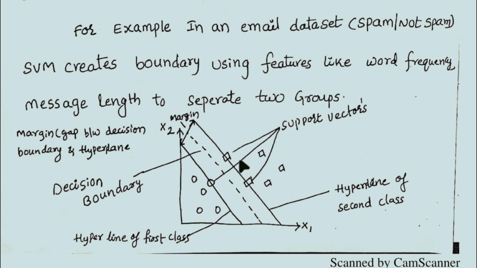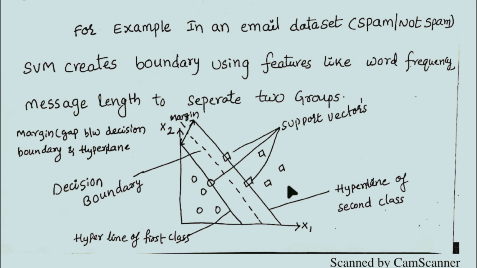There are two things here. First one is the circles and second one is the squares. We start from the circle here and this is the ending point. This ending point is called the support vector. Here also in the squares, these two are ending points and these are also called support vectors.